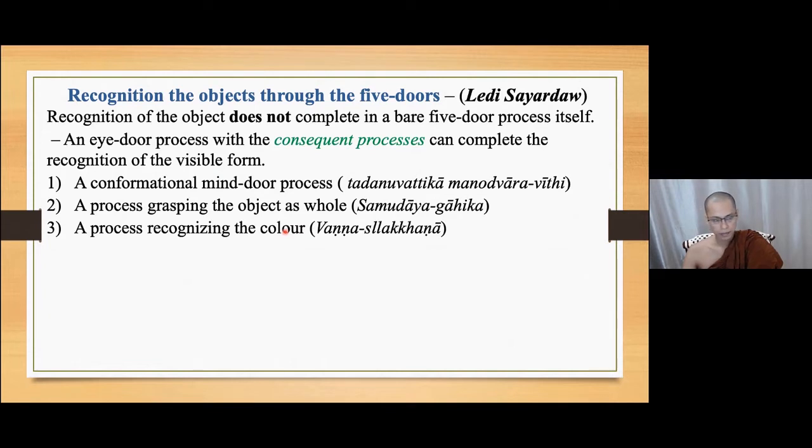Then the third one, this is also a mind-door thought process, it recognizes the color. So here, with the object as a whole, there must be the color. So the color is taken by another process. Now when our mind takes the samudaya, the whole object, at that moment it cannot recognize the color.